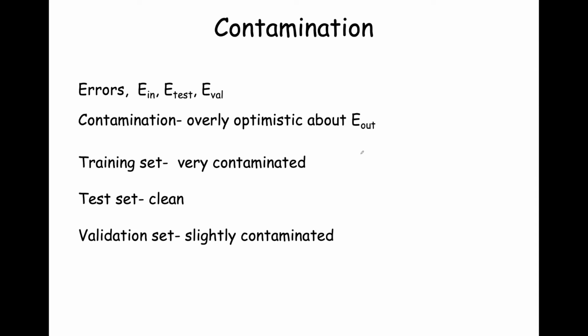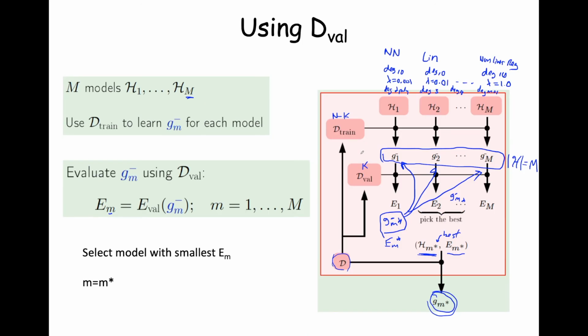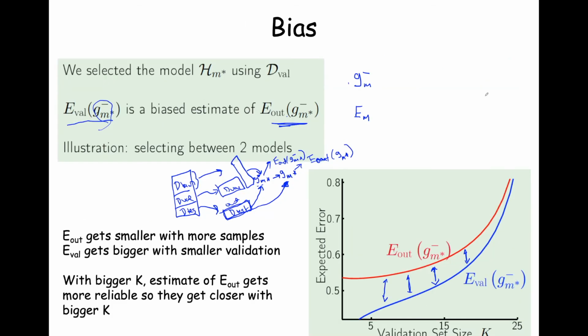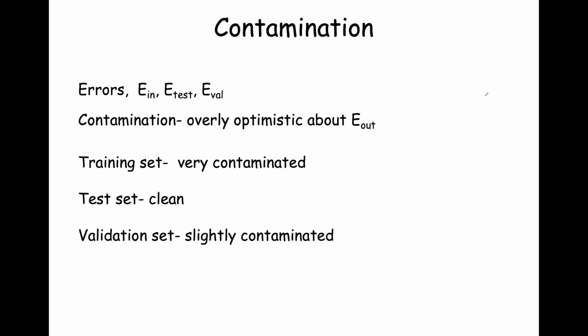Now, your training set is very contaminated. D train, every single hypothesis sees D train. If we go back, we see that D train is run through the first hypothesis, the second hypothesis, the third hypothesis, big M many times. But if we look at the test set, it is clean.